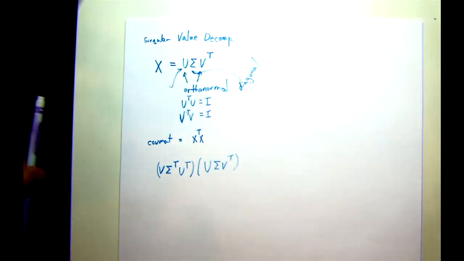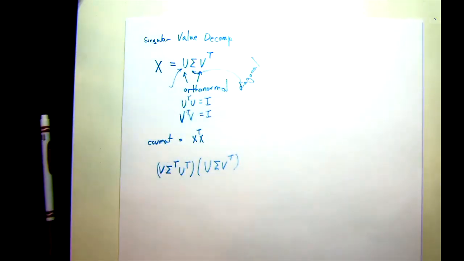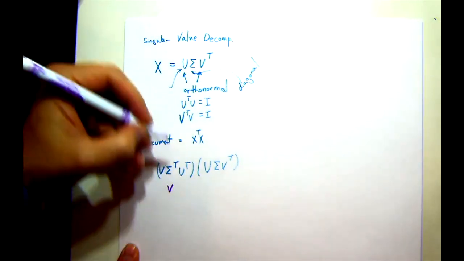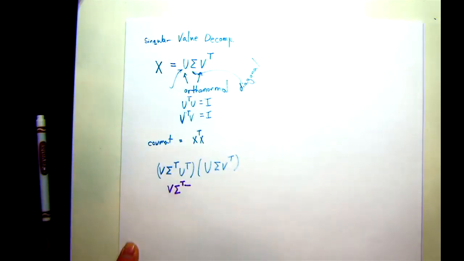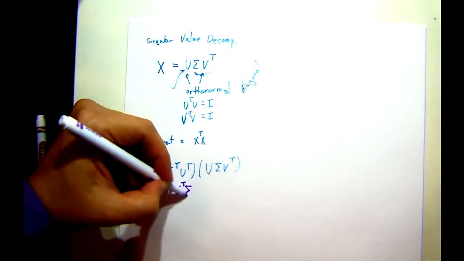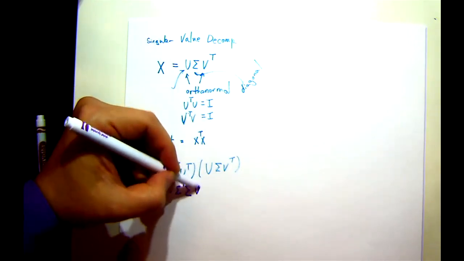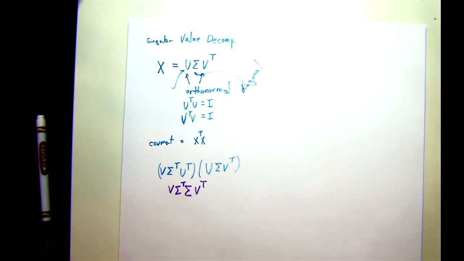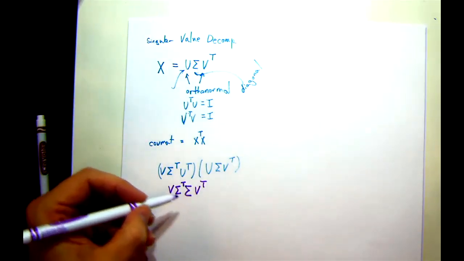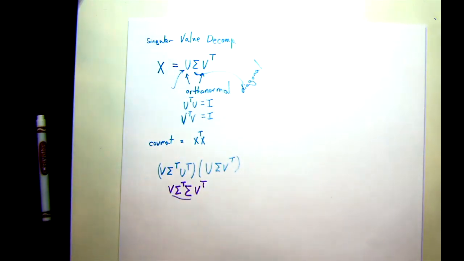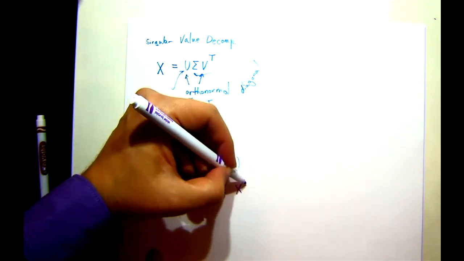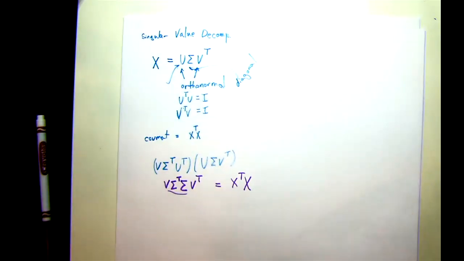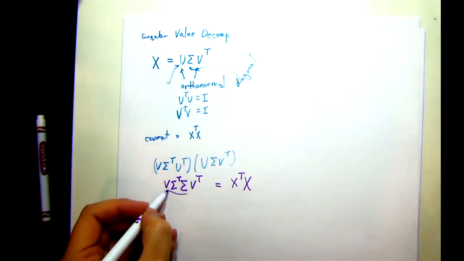The U's will cancel out, and you'll end up with V sigma transpose sigma V transpose, which is basically the equivalent of the X transpose X. So now we can use this just like we used the covariance matrix.